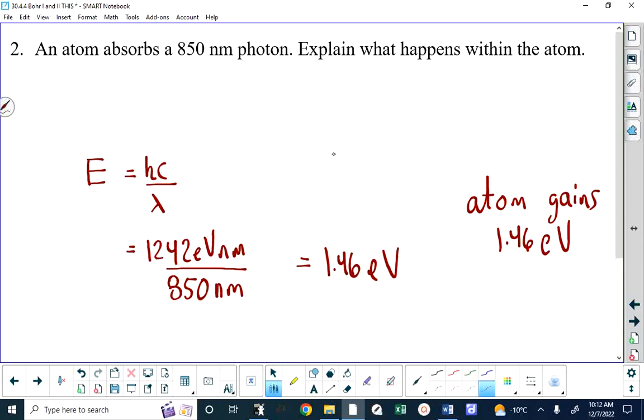And what that means, I don't want to spend too much time with all these questions, but what that means is somewhere in the atom are two energy levels that differ by exactly 1.46 eV because it's allowed to gain that much energy.